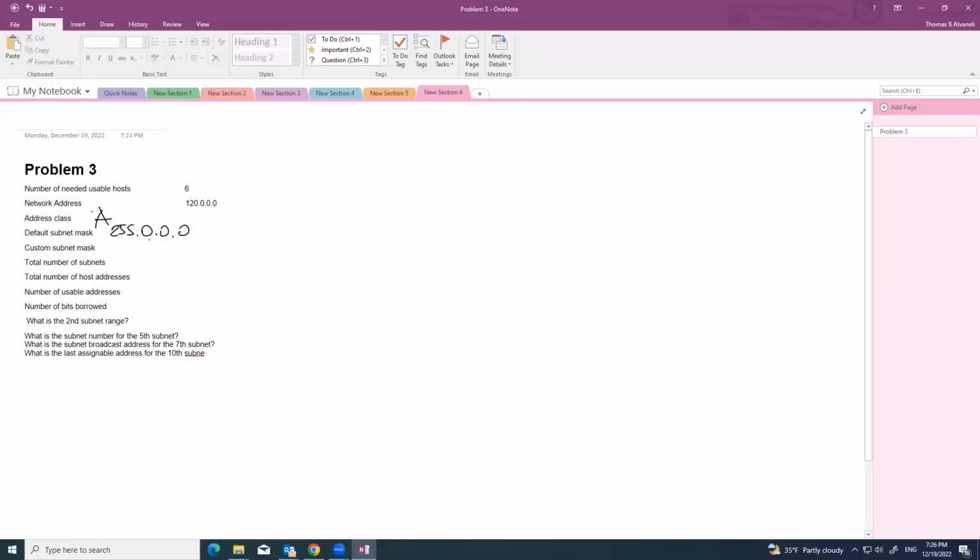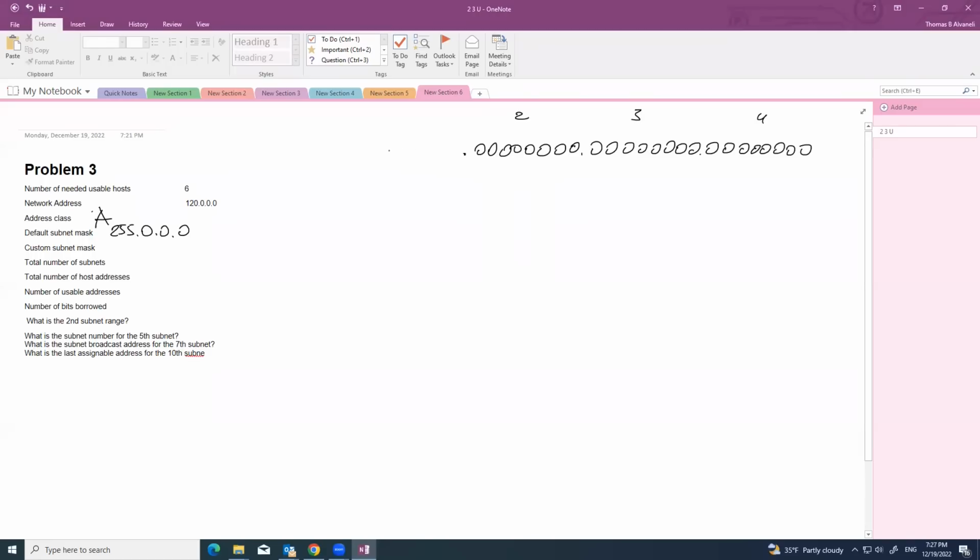We have 3 octets in the host portion. Let's bring those octets down here: 1, 2, 3, 4, 5, 6, 7, 8, three times. Second octet, third octet, fourth octet.